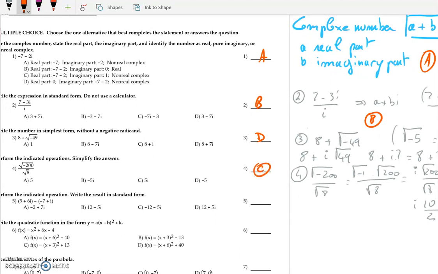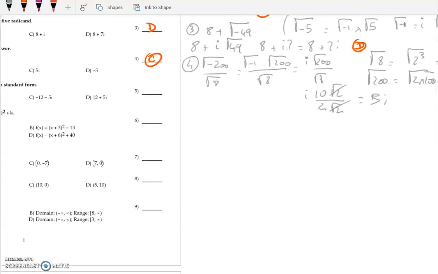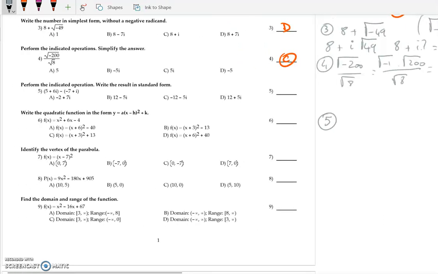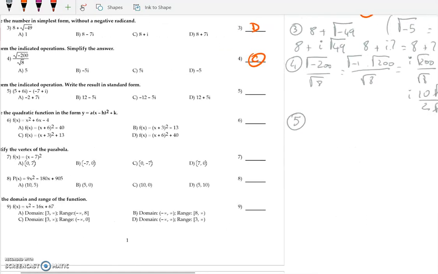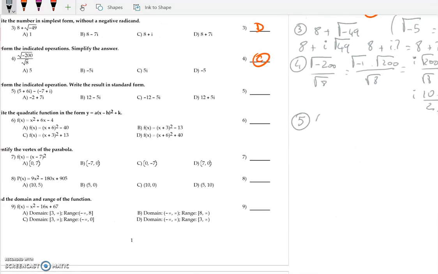Okay, now I continue my work on problem number 5. On problem number 5, what do we have? Oops, let me change. Problem number 5, we have to deal with the expression 5 plus 6i minus negative 7 plus i.